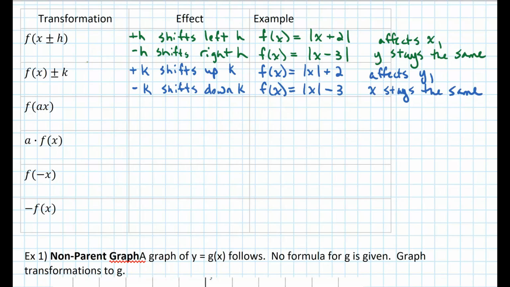So, on the next one, I know that we graphed it with both 2 on the inside and 2 on the outside, and the graphs looked exactly the same. But the effect of how you get there is actually different.